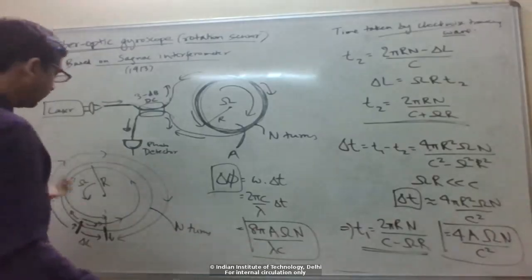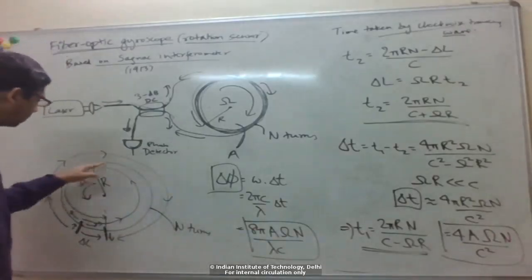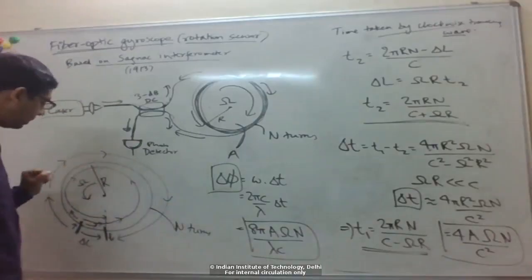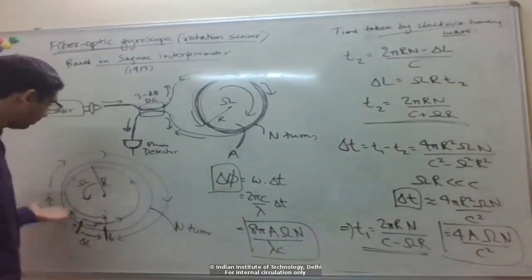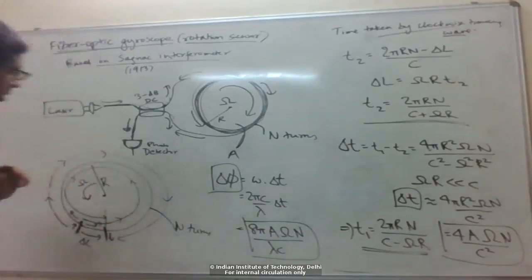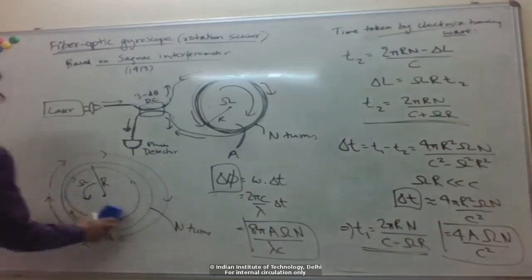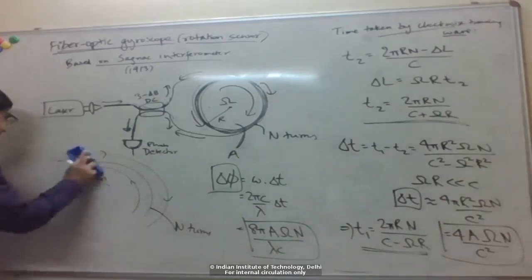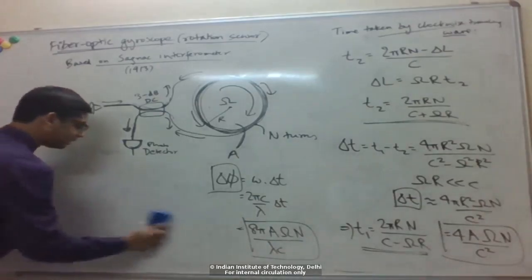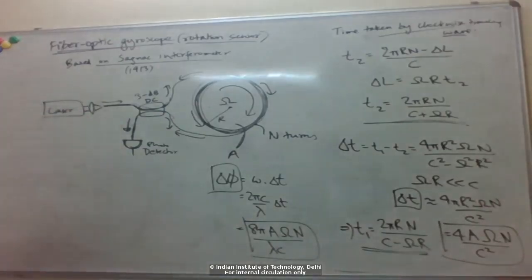So again, this analysis was for the simple case of a perfectly circular path, right? And the beam actually traveling in free space. But what is remarkable is that you could take any path.